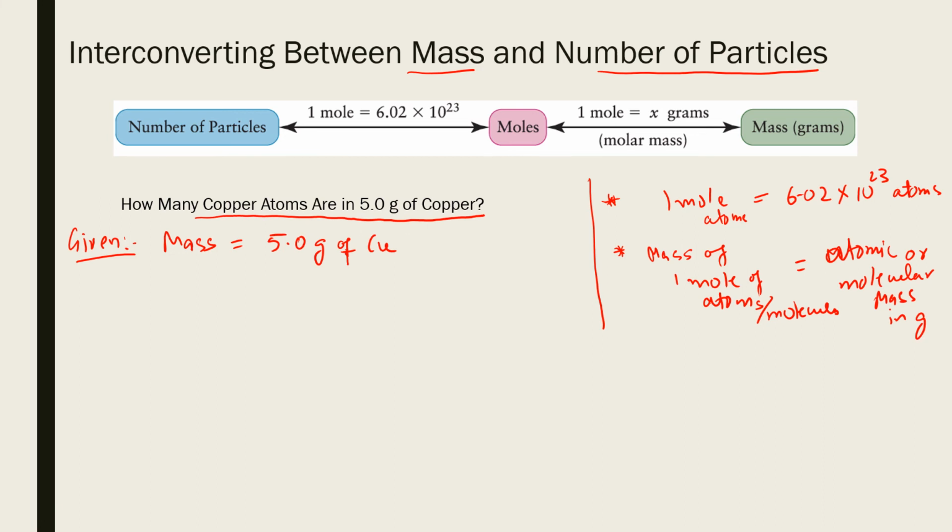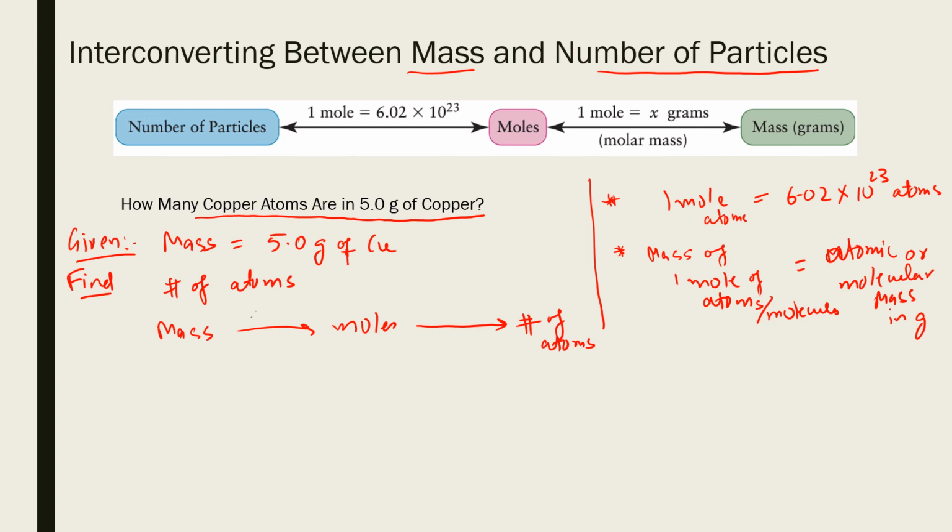So that much mass is available, and we want to find the number of atoms, right? So how can we do that? What we can do here is, we know how to convert mass to moles, because that's what we learned in the previous slide, and we also know how to go from moles to number of atoms, because that's what we learned earlier. So let's solve this one.